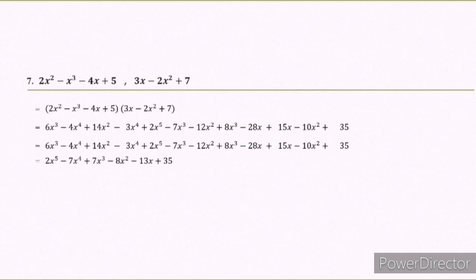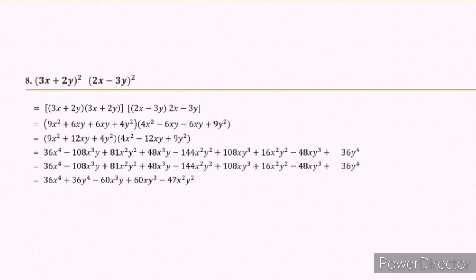The answer is 2x to the 5th minus 7x to the 4th plus 7x cubed minus 8x squared minus 13x plus 35. That is the answer if you combine the like terms.